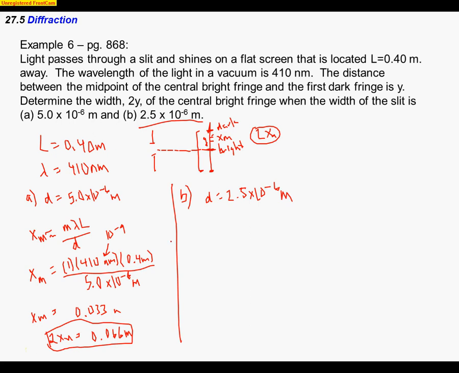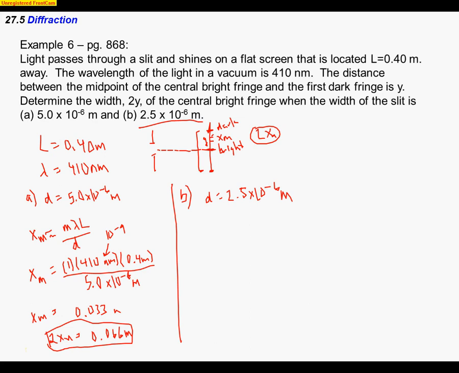Okay, so there were a couple of ways that you could have done part B. One way would have been to just use this equation again, plug in all these values again, and then down here plug in your 2.5 times 10 to the negative 6 meters. And that would be perfectly fine. Another way would be to notice that this width is exactly half of what our first width was. And we're dividing by that number. So we're dividing by a number that's exactly half as big as the one we did before.